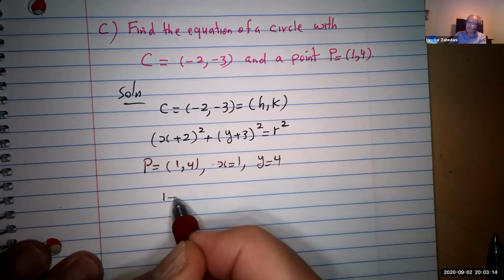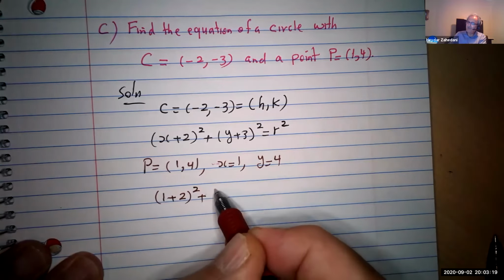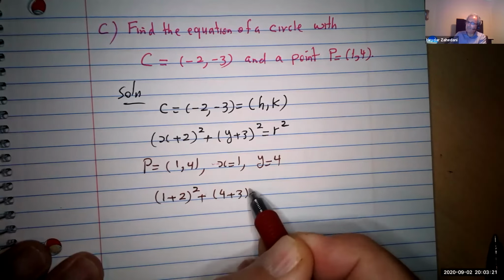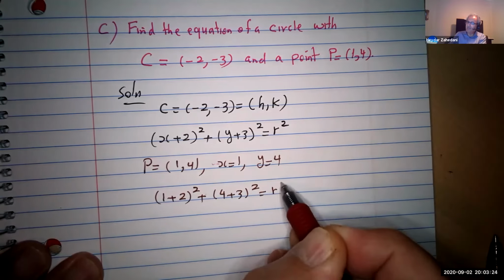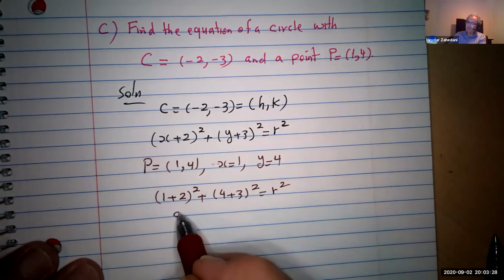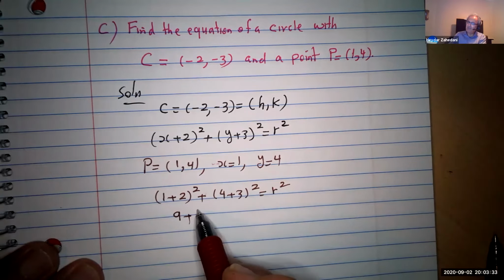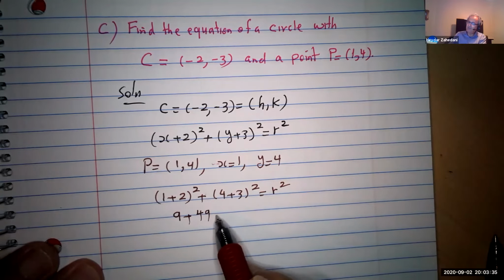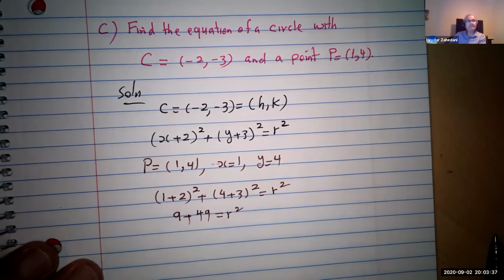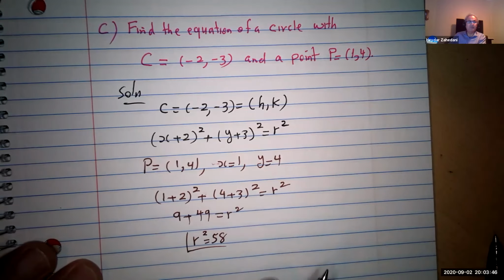So that gives us 1 plus 2 squared plus 4 plus 3 squared equal to r squared. 1 plus 2 would be 3, 3 squared 9. 4 plus 3, 7, 7 squared, 49, equal to r squared. Okay, so r squared would be 58. So you need the r squared rather than the r.